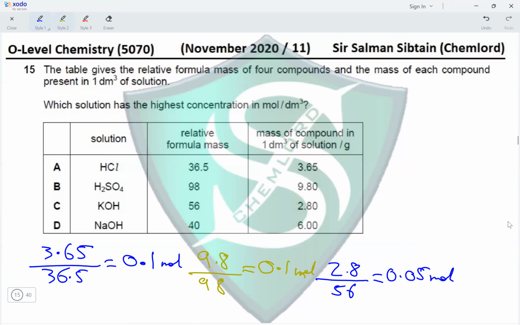And for the last one, we would divide 6 by 40. This gives us a value of 0.15 moles. So comparing these, the highest value of moles is 0.15. That means the highest concentration would be for NaOH. This makes option D the correct option for this question.